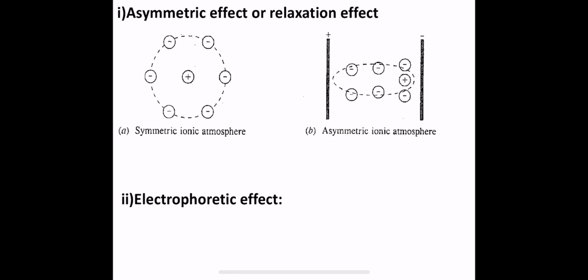So the time lag which is required is called the relaxation time, and the phenomenon is called the relaxation effect. So this is one effect which leads to the decrease in the mobilities when electricity is passed through the solution. This is one main effect.